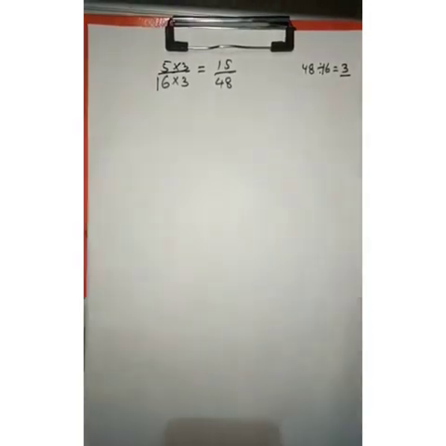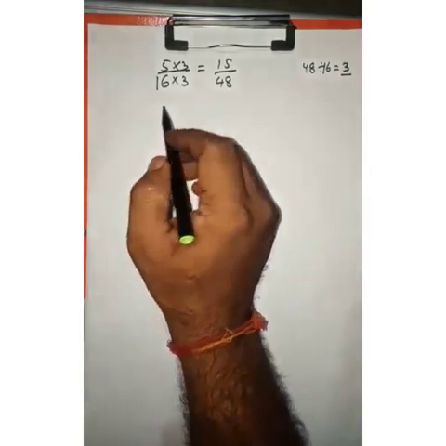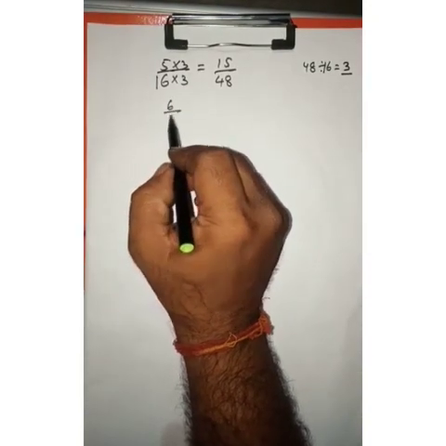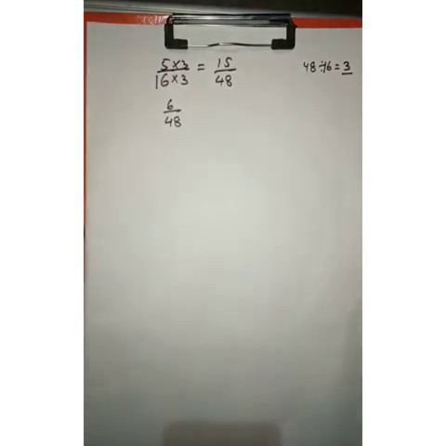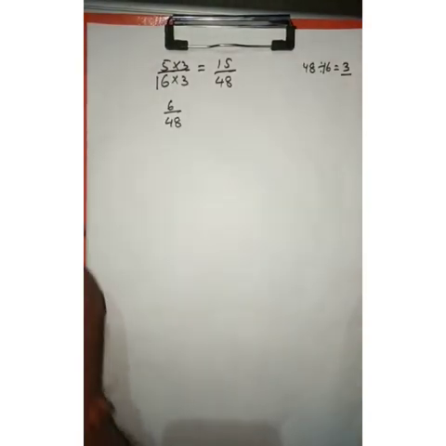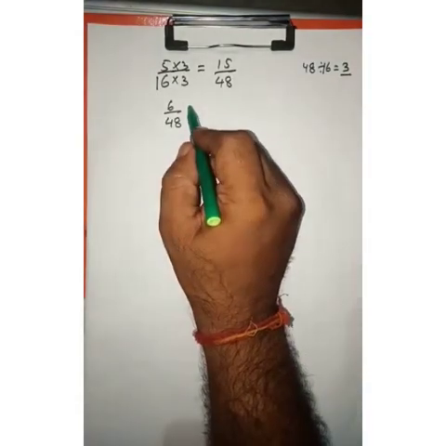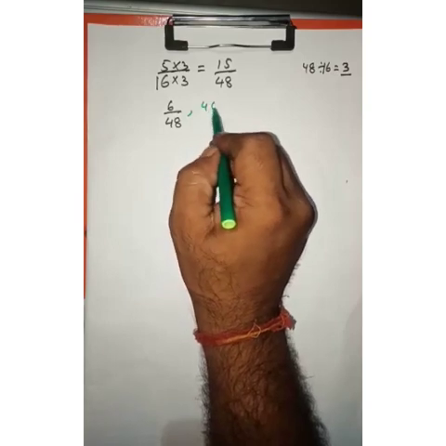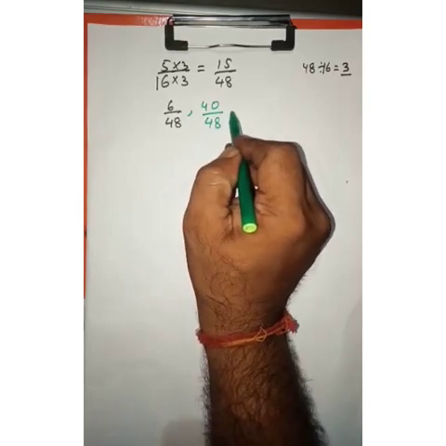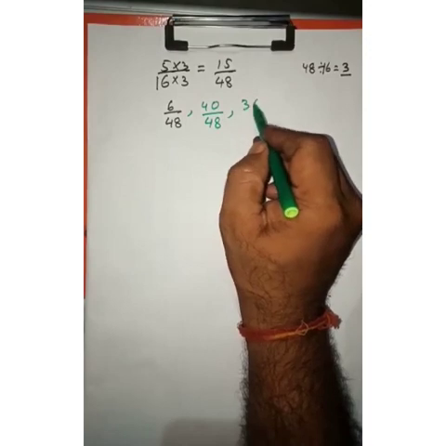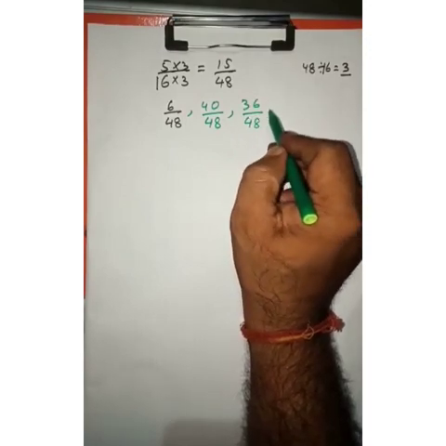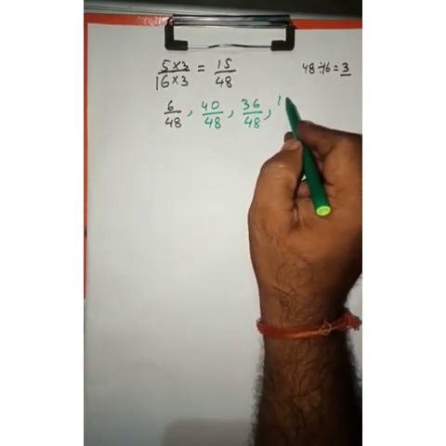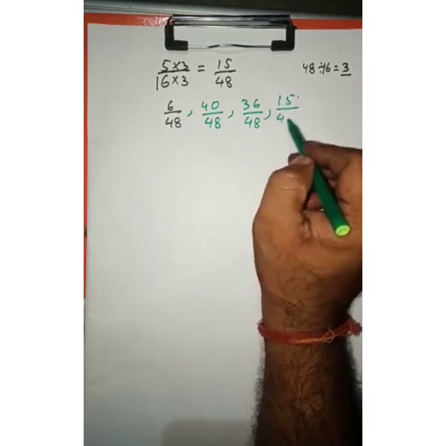Now what we see, we got four fractions. The first fraction is 6 upon 48, and the second fraction is 40 upon 48. The third fraction is 36 upon 48, and the last fraction is 15 upon 48.